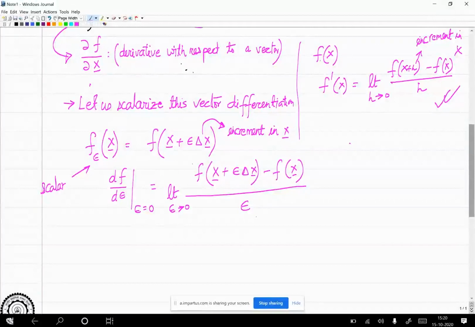I have changed the function now. So the original function is f. Now I'm thinking of a different function, f epsilon, which is defined like this. So this is the definition. So f epsilon is a new function. It is not equal to f.